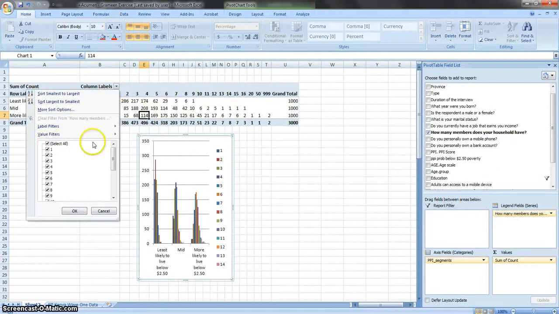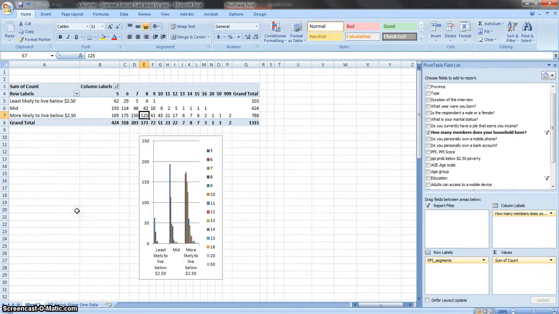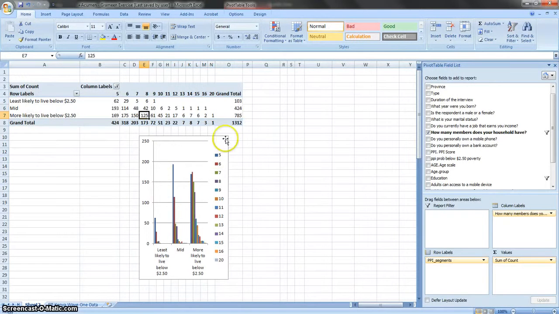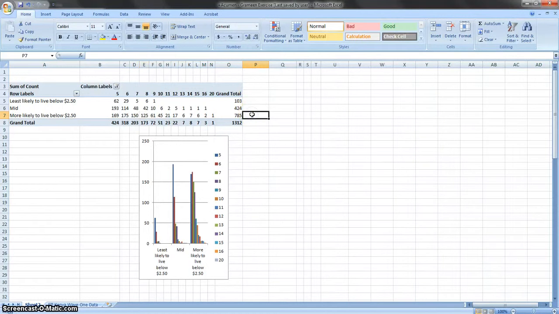And we're going to just concentrate on the ones with larger households. And we're going to just take away the 999 and the 50, because we think that these two are somehow tweaking the total.